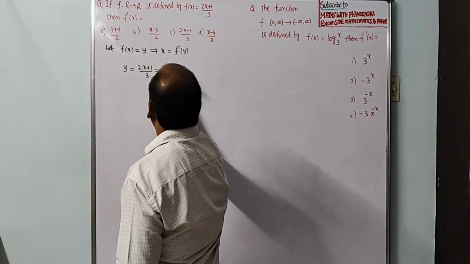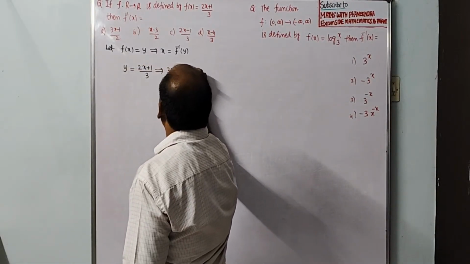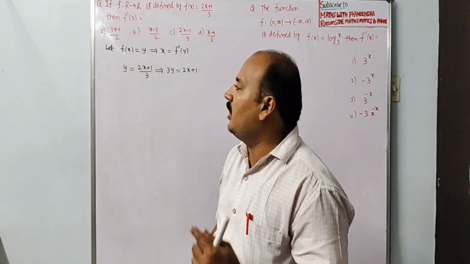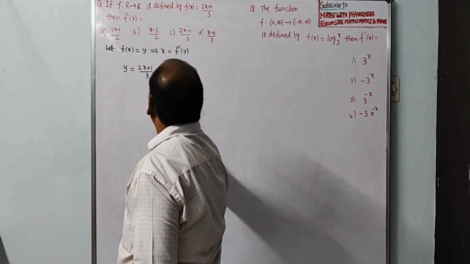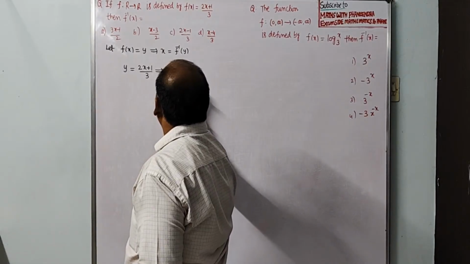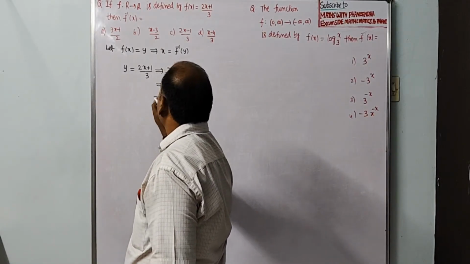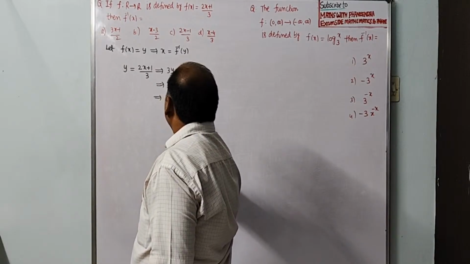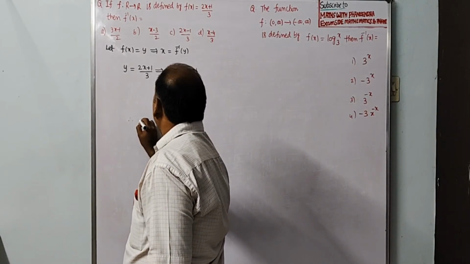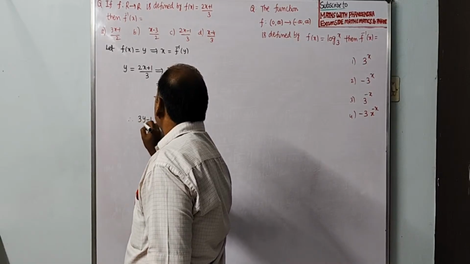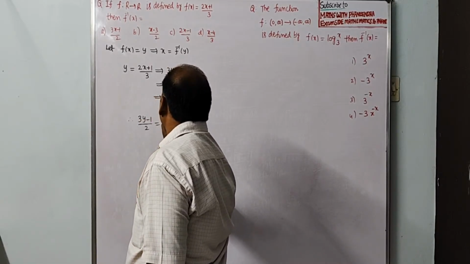Cross multiply: 3y equal to 2x plus 1. Here I want to write x in terms of y. So 3y minus 1 is equal to 2x, so 3y minus 1 divided by 2 equal to x. Therefore, 3y minus 1 by 2 equal to f inverse of y.